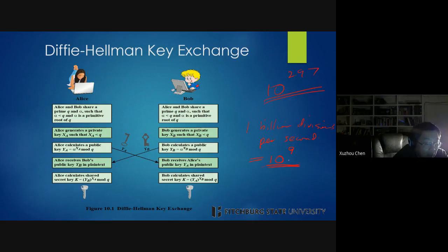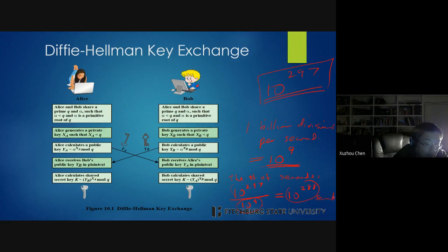That means how many seconds do I need to complete all these divisions? It's 10 to the 297 divided by 10 to the 9. That's the total divisions I need to make, divided by the number I can do per second. So I get 10 to the 288, right? That's the total number of seconds I need.